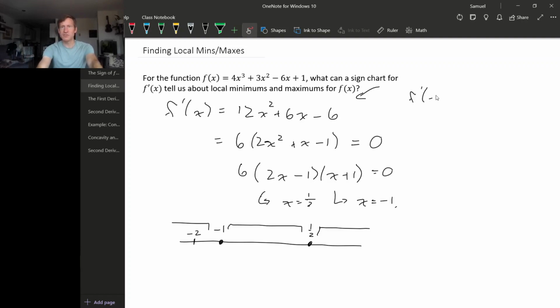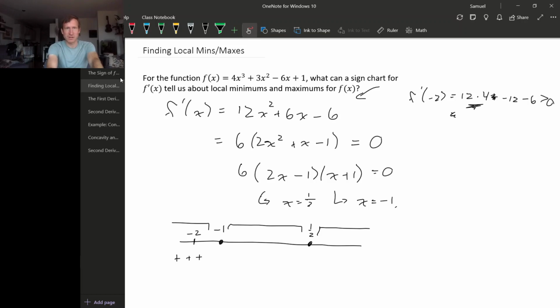So f prime of minus 2 is, let's see, 12 times minus 2 squared is 4, plus 6 times minus 2, so that's minus 12 minus 6. So this is definitely going to be positive. I don't even need to know what this is exactly. I just need to know if it's positive or negative. And this part's so big that it's definitely going to win. So this is positive.